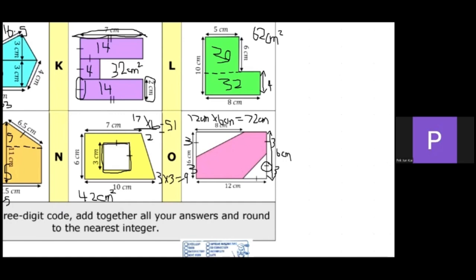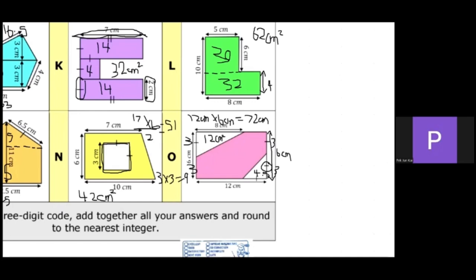So 8 times 3 equals 24. 24 divided by 2 would be 12. 12 would be the area of the triangle of the empty space here. And then here it would be 3 times 3, which is 9, divided by 2, which is 4.5.